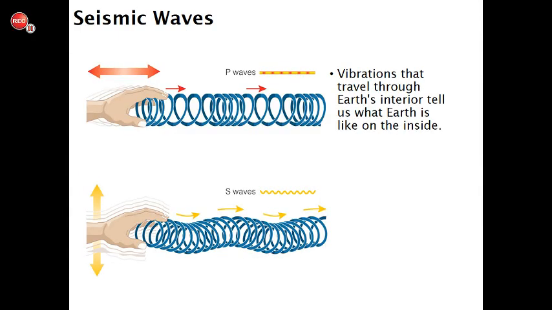A lot of what we find out about the Earth's interior is from earthquakes, which produce seismic waves. So we talk a little bit about how earthquakes propagate. There are two types of waves in general. There's what are called transverse waves, where any particular part of the wave moves perpendicular to the direction the energy moves in. In this picture, those are called the S waves.